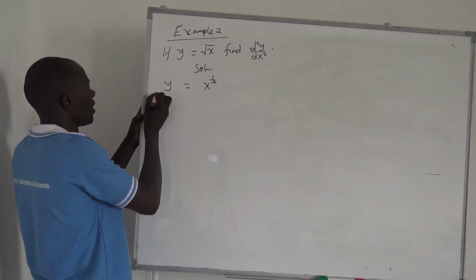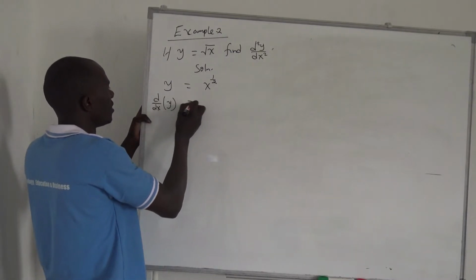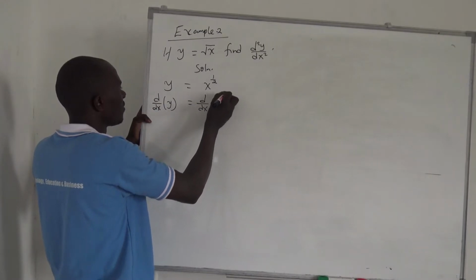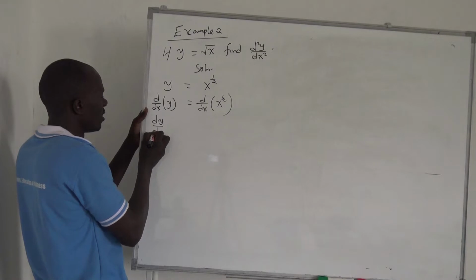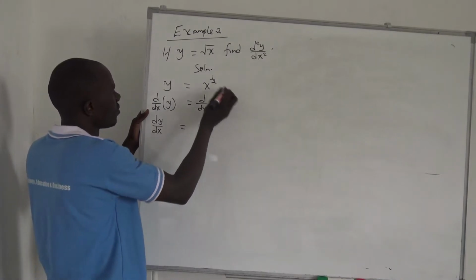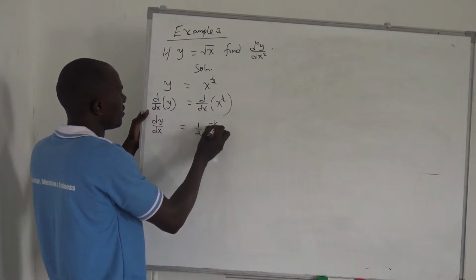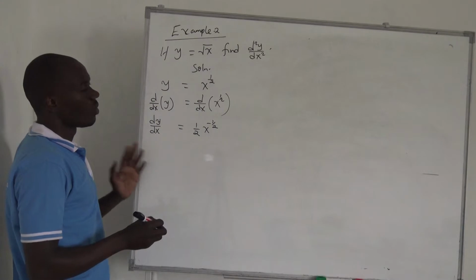So we look at d/dx of y equals d/dx of x power half. When we differentiate y, we get dy/dx equals a half x power negative a half.